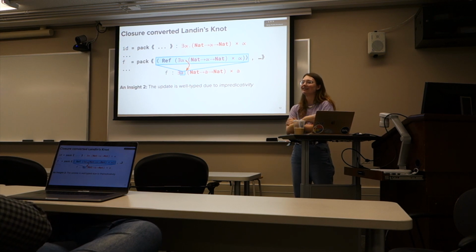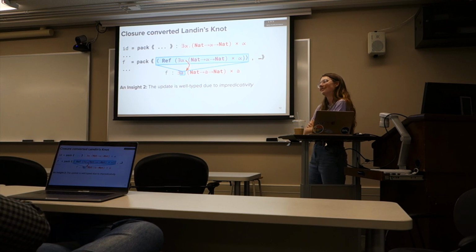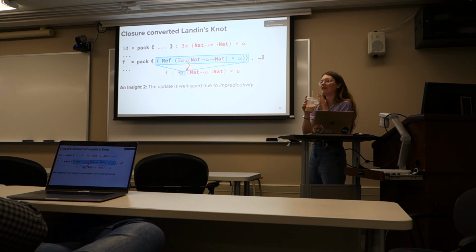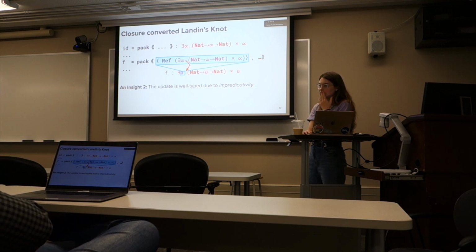So is this telling us that Landin's knot is just Girard's paradox? Maybe. It's well known that impredicative type systems let you encode recursion. System F is impredicative. Well, yes and no. Not necessarily. You do get recursion, but you don't get general recursion. Right.